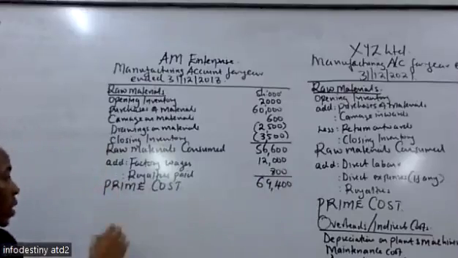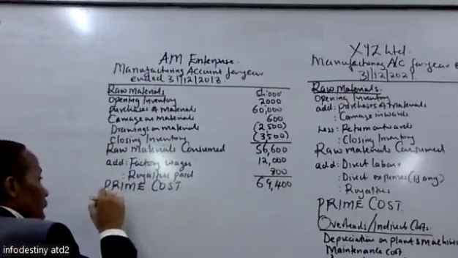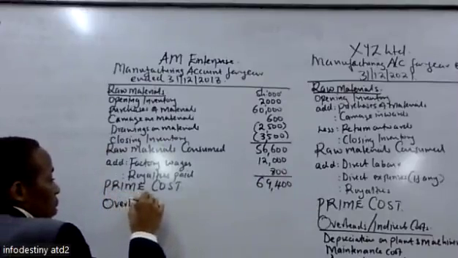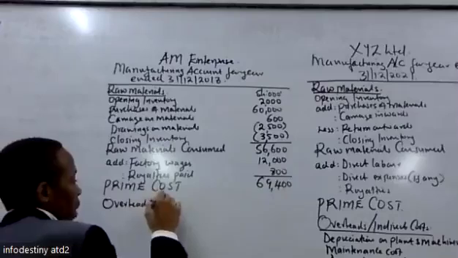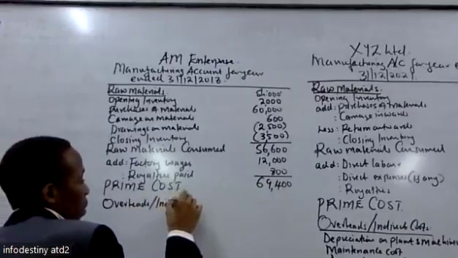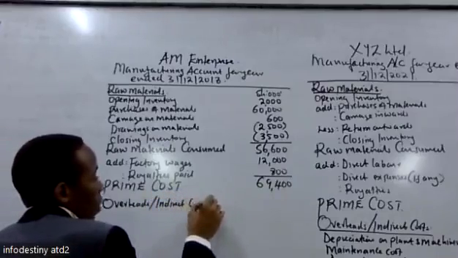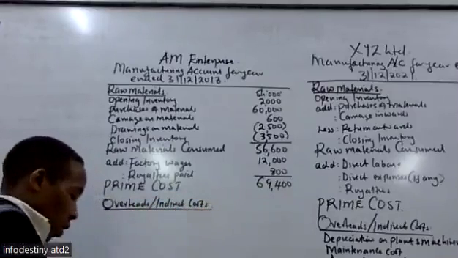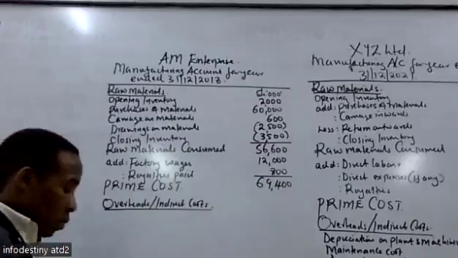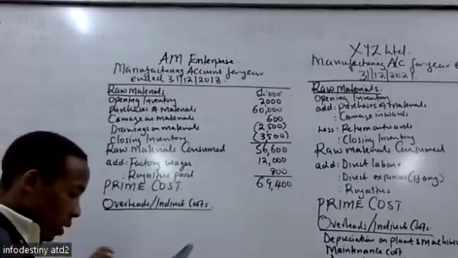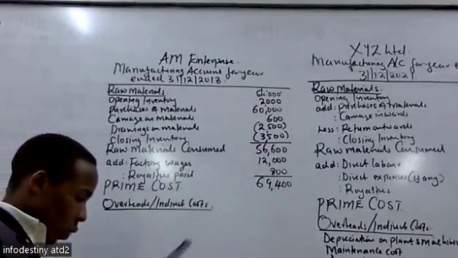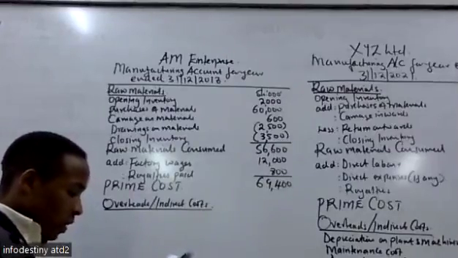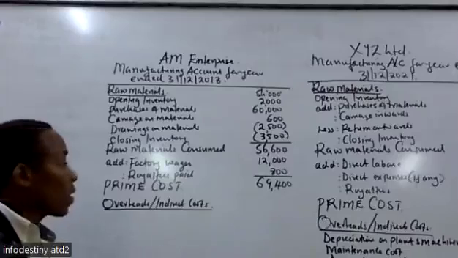Then we record the overheads and the indirect costs. Indirect costs. We can pick some from the trial balance, which are direct. So we'll pick factory rates and insurance.